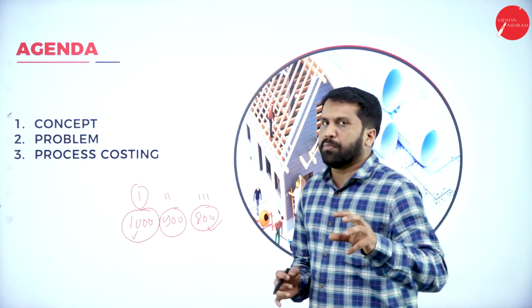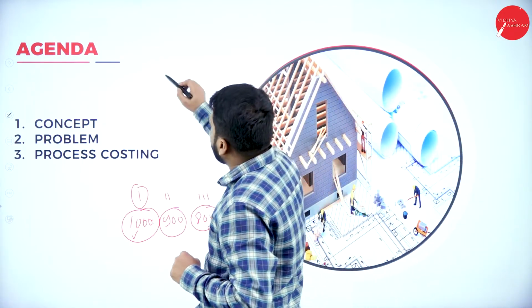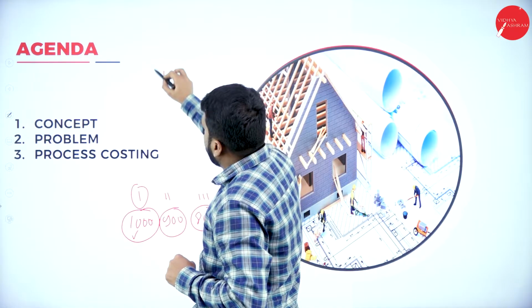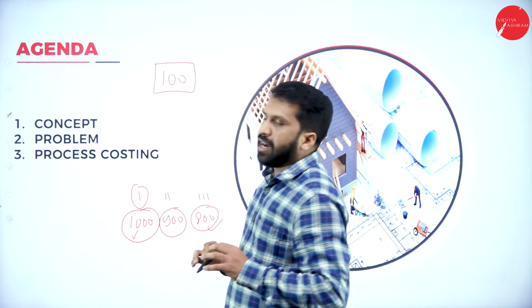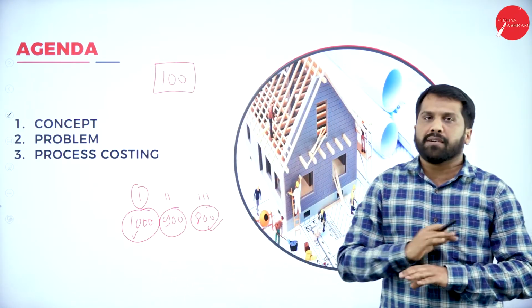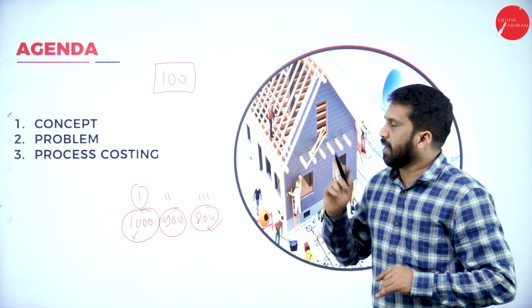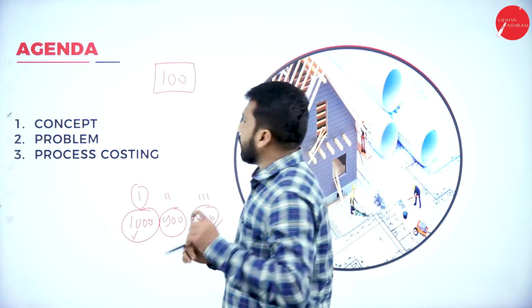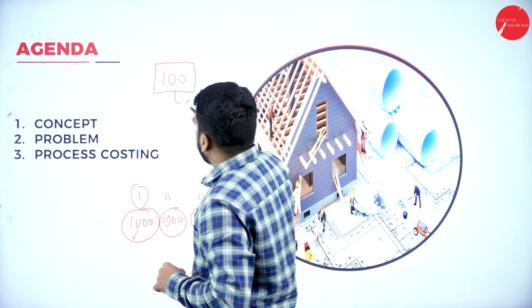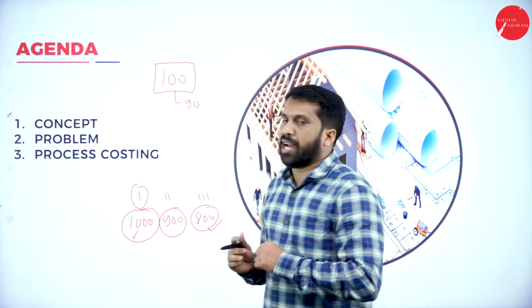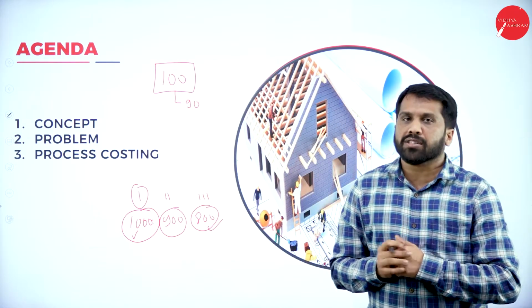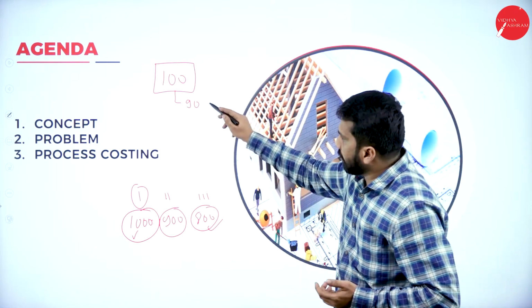Now, I'll give you the best example. Your paper is for 100 marks. Forget about your internals and all. What is your paper's total marks? 100. Now, you have written for 90 marks. How much have you written? 90 marks. What is your expectation? 90.